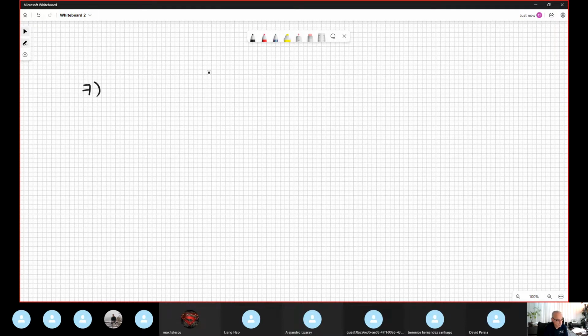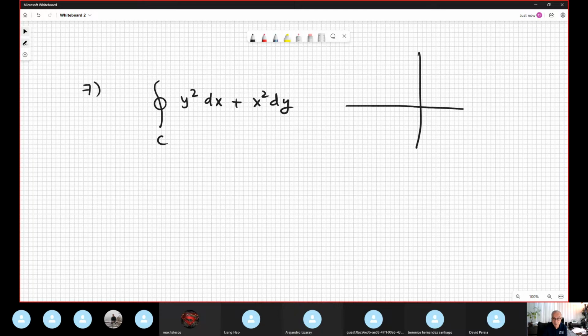Now number 7, yeah, changes the problem completely. Now evaluate using Green's theorem. Okay, you have one line integral over the closed curve of y squared dx plus x squared dy. And the curve is given, of course. The curve is a semicircle.